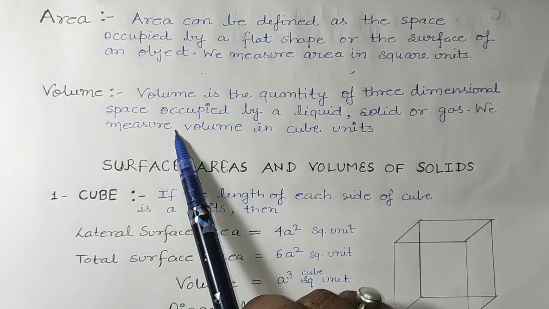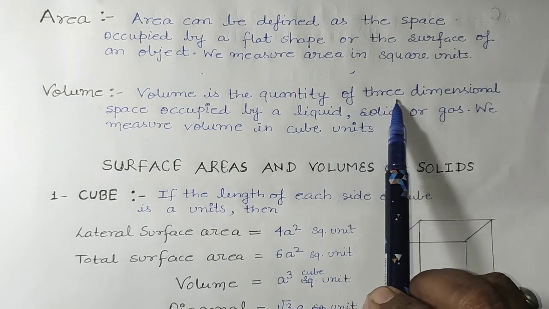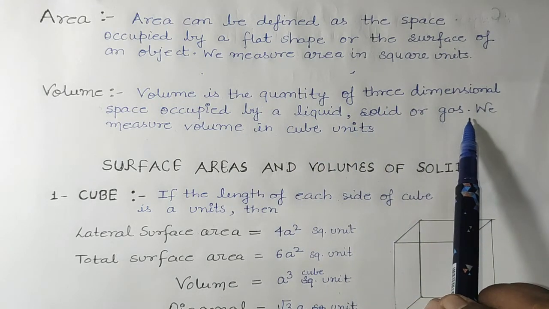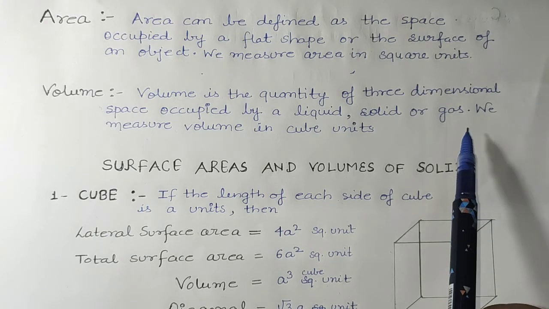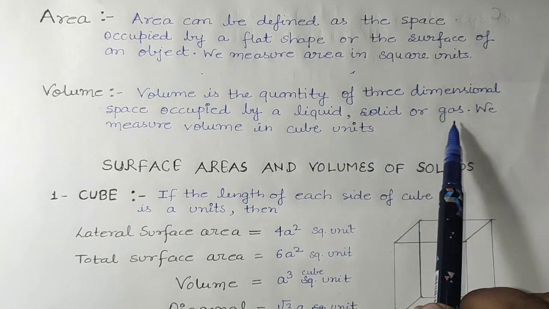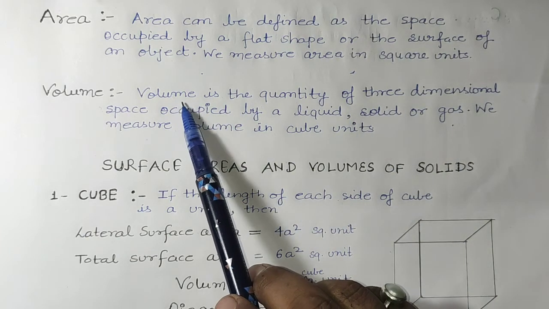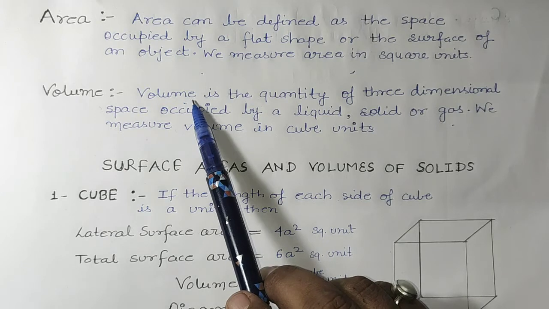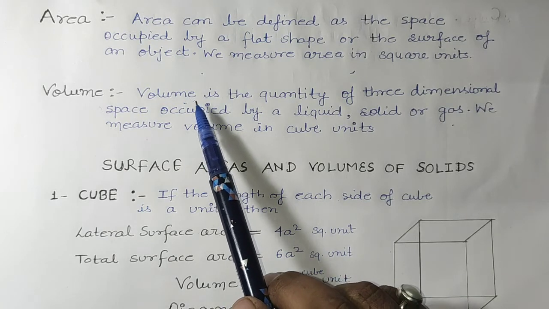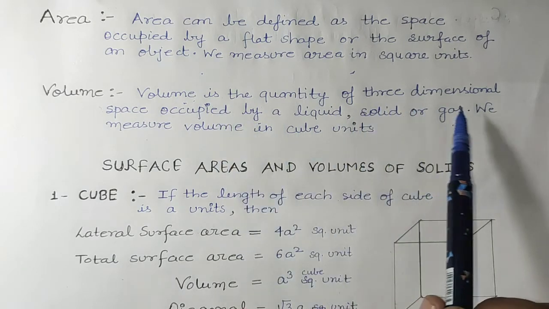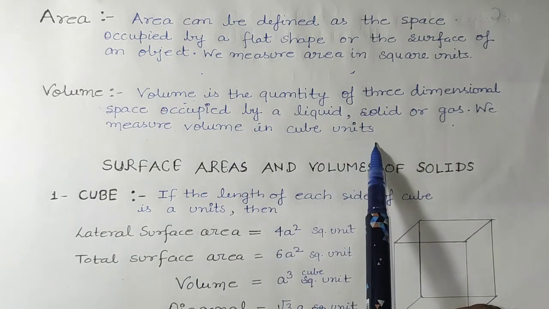If we talk about volume, volume is the quantity of three-dimensional space occupied by a liquid, solid or gas. Okay, so space occupied by a liquid, solid or gas is known as volume, or in other words sometimes we use the word capacity. So capacity is also volume, nothing else. We measure volume in cube units.